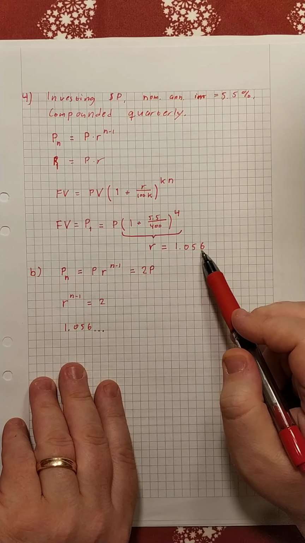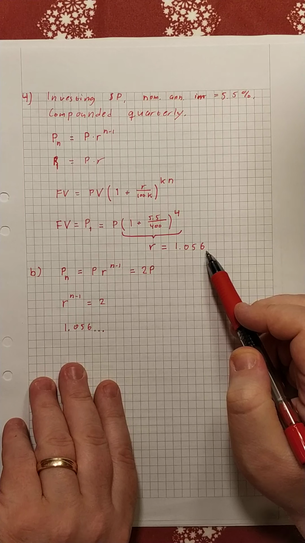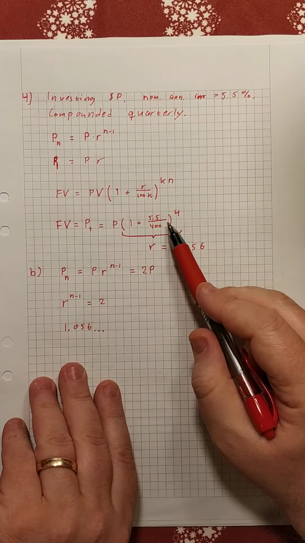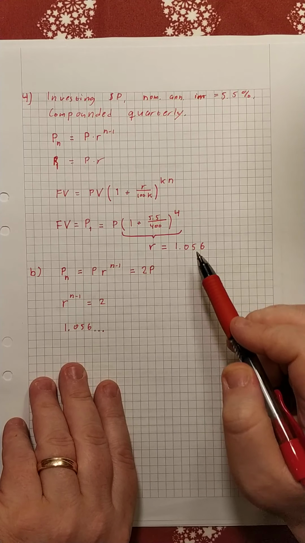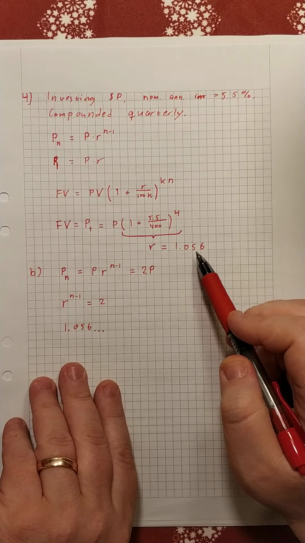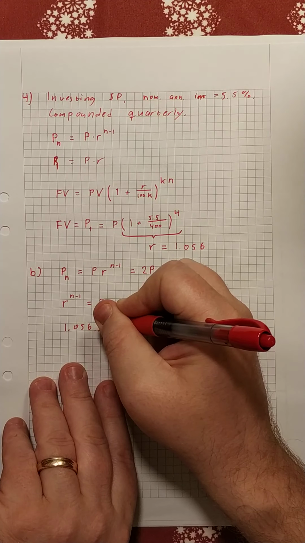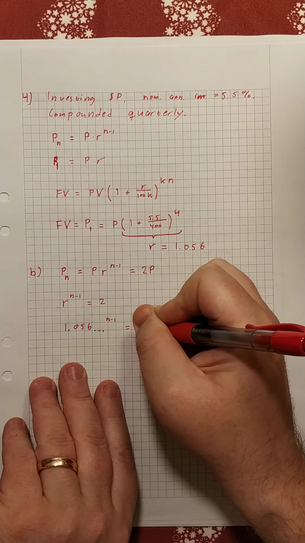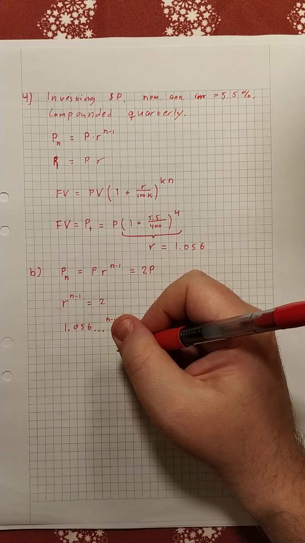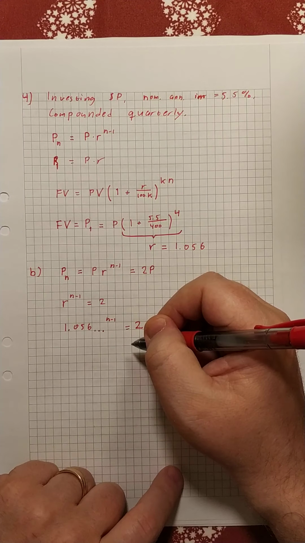This value, despite being shown as a rounded-off figure, had more precision when we calculated it, so we store that in a suitable variable in our calculator and use that. So r to the power of n minus 1 equals 2, and I would most likely solve this graphically, or with the equation solver.